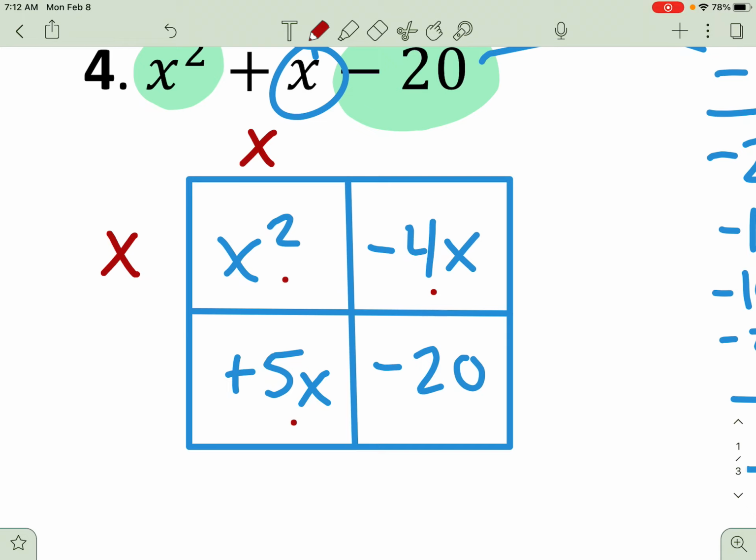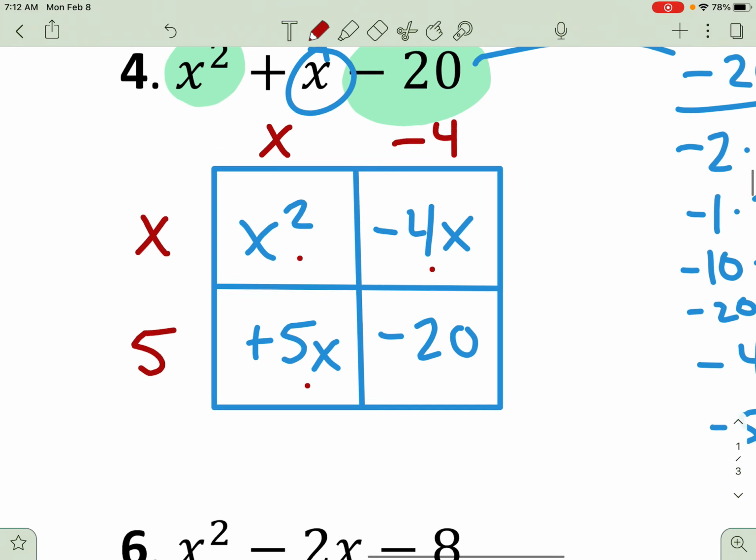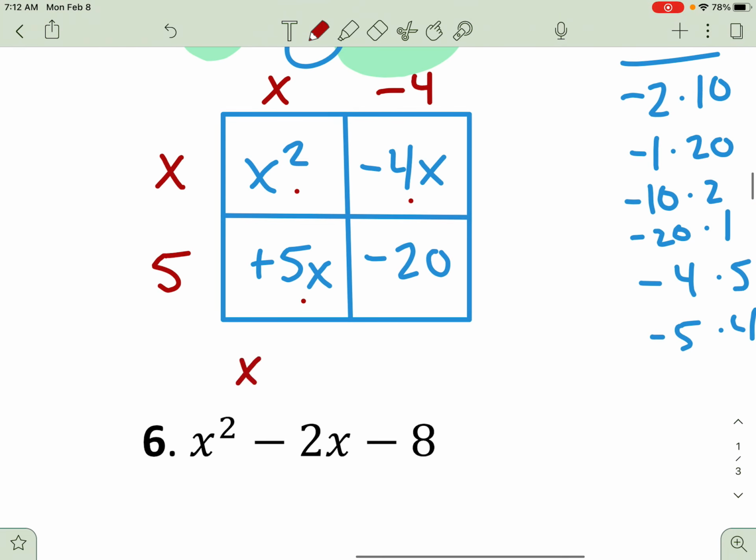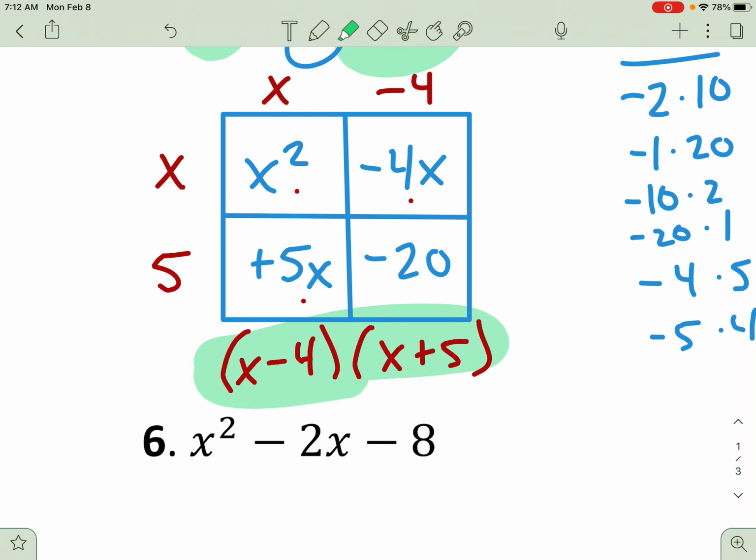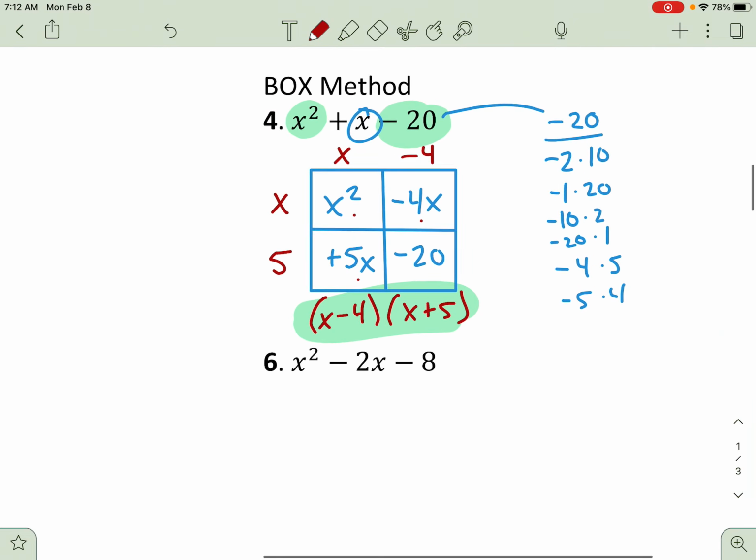And this has an x in common, x squared and 5x, right? Now, what do these two have in common? Well, you can factor out a negative 4, because negative 4 goes into 4 and negative 4 goes into 20. How about down here? What do they both have in common? Well, they both have a positive 5 in common. So my factors are x minus 4 and x plus 5.